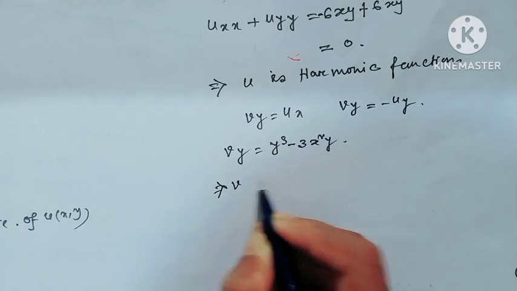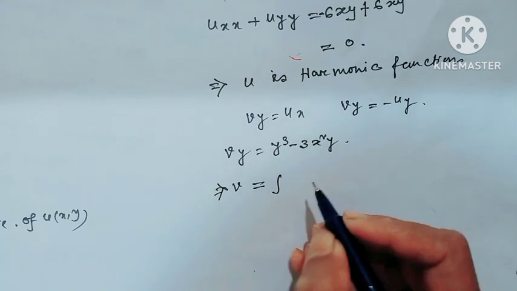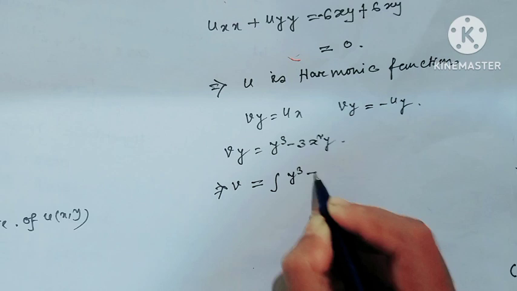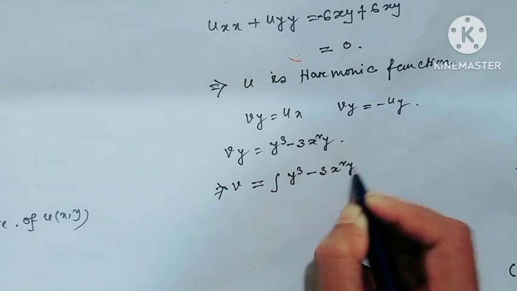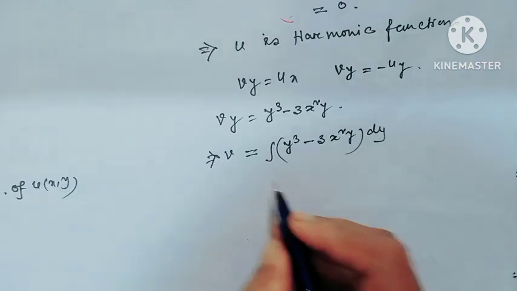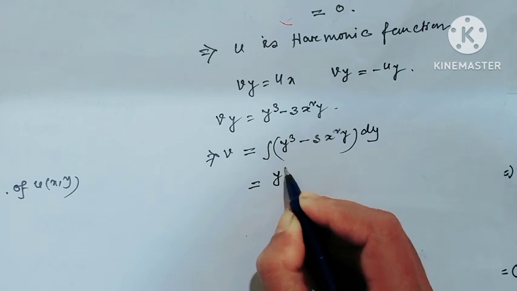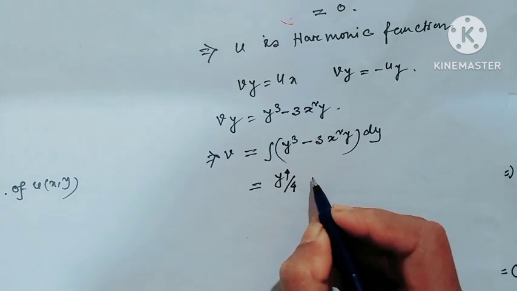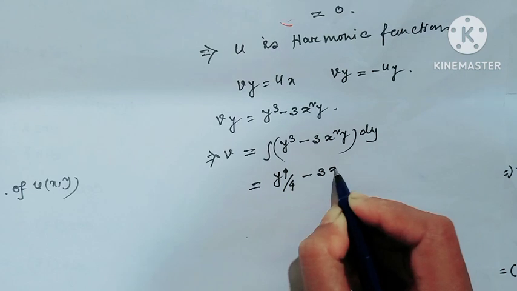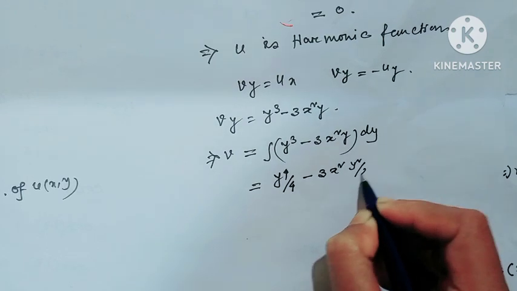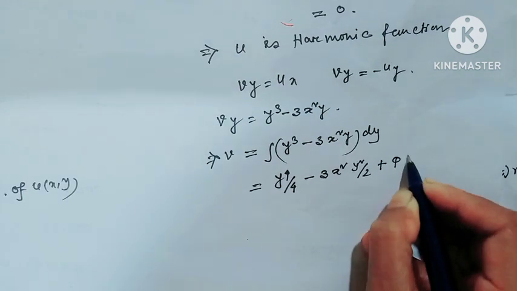Therefore, similar to before, v equal to the integral of y cube minus 3x square y dy, and that implies y to the power 4 over 4 minus 3x square y square over 2 plus phi(x).